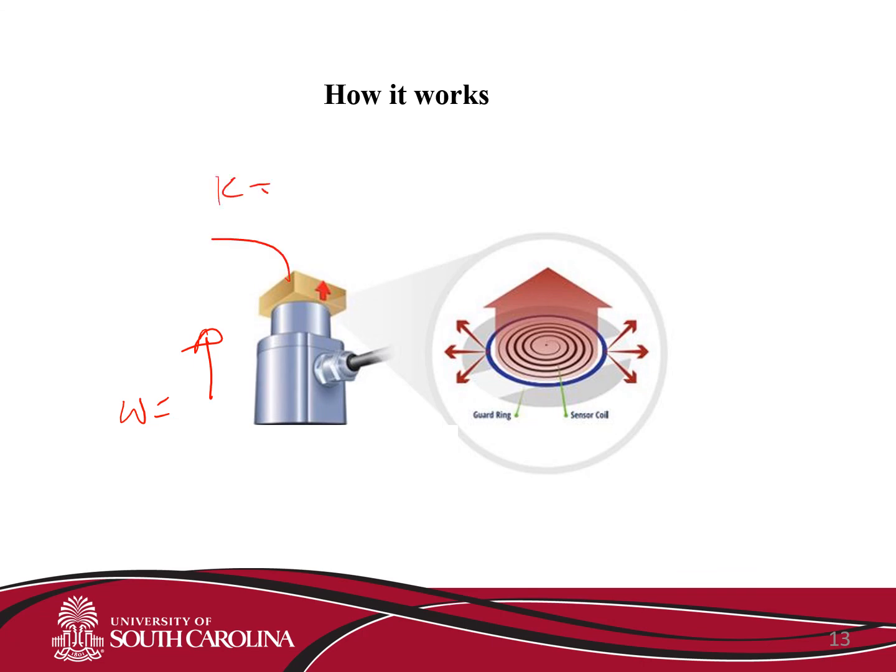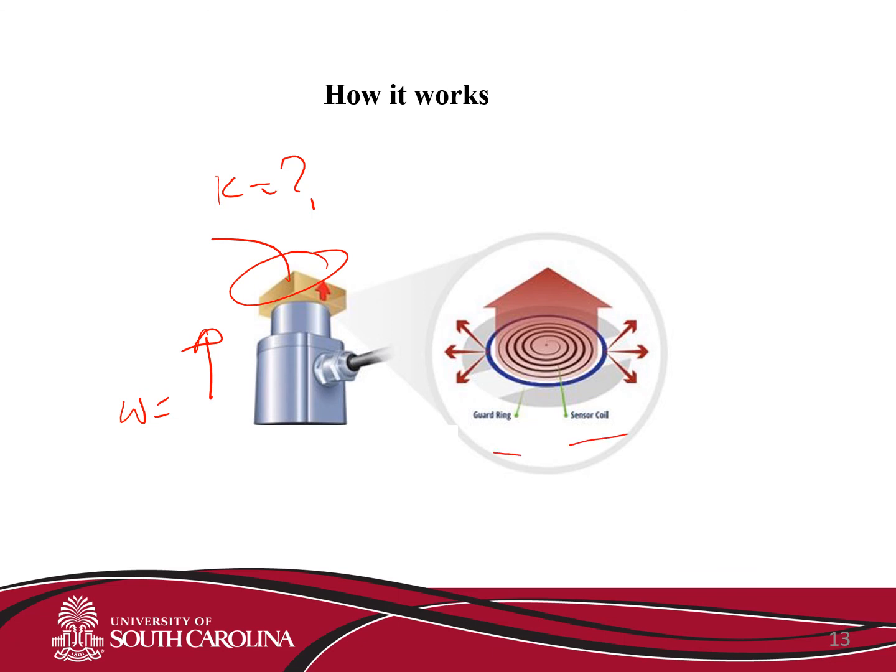We need to find the thermal conductivity of this material. I will show you. It provides a small amount of heat contact to the surface, and this surface is called the guard ring, surrounding the primary sensor coil to support one-dimensional heat transfer into the sample. This is the sample.